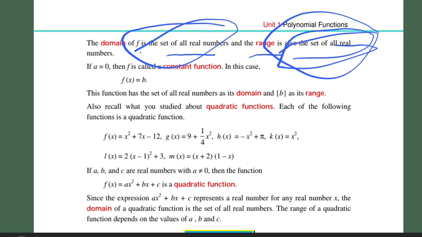What is domain? What is range? You can ask yourself and your teachers. Use the tools. Domain is the big, largest one, and range is the smallest.